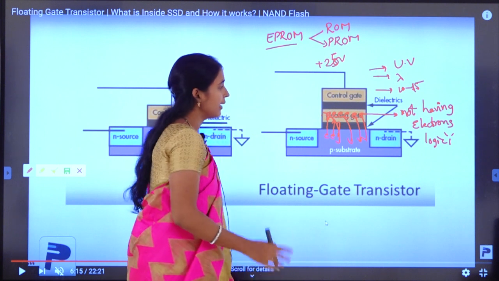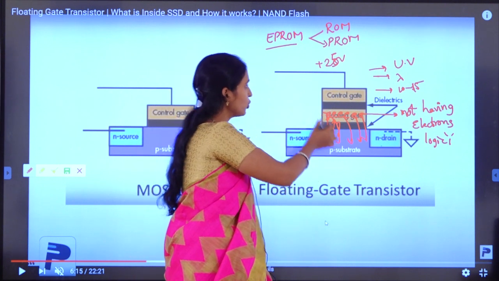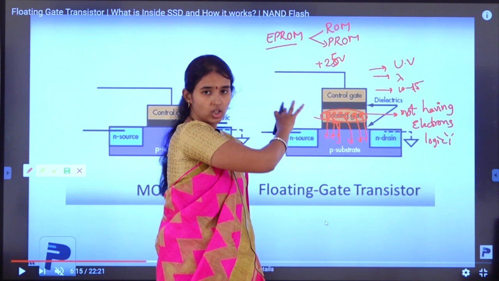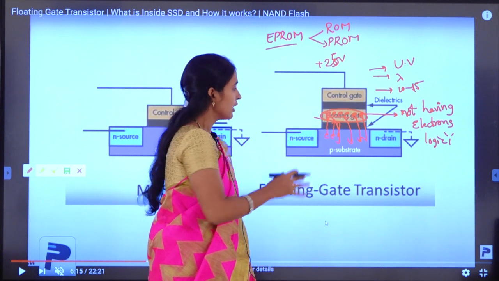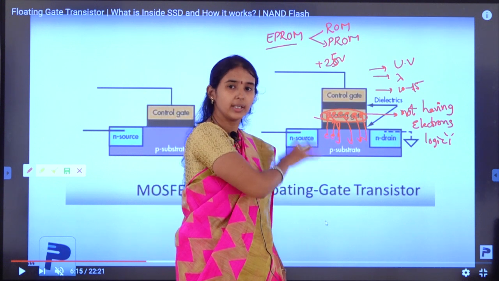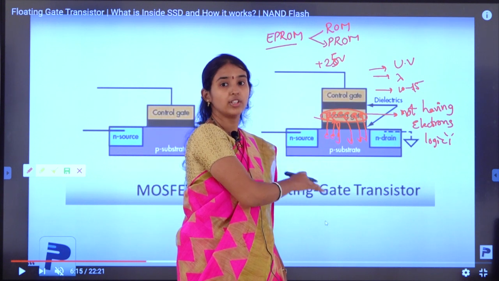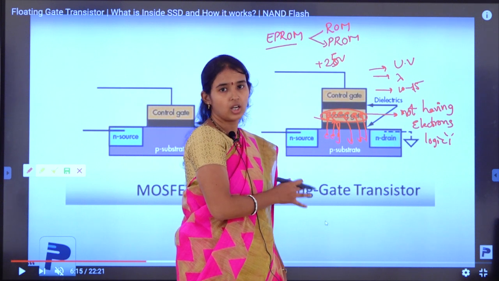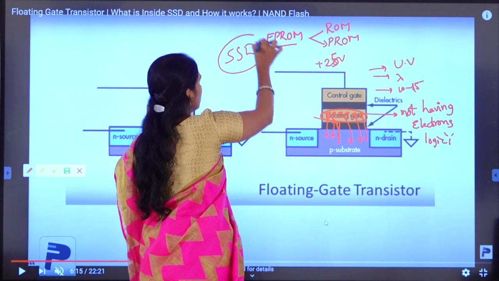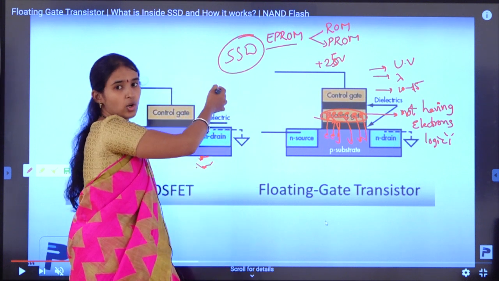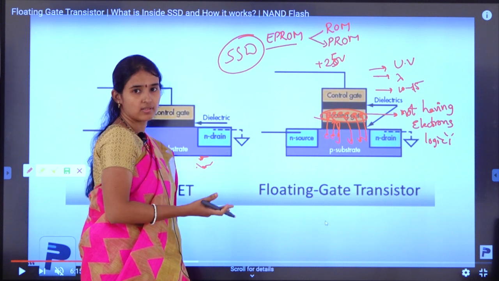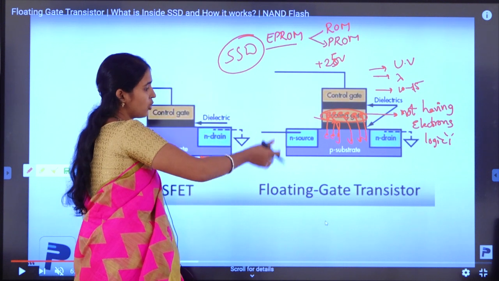If you apply some voltage and store the data in that particular floating gate, and keep it for about 10 years, the stored data will remain as it is even though no power is applied. That is called, if you see here, SSD, solid state devices. Whatever devices you are using are solid state devices, which can hold huge amounts of data, like megabits. That is what it is all about.